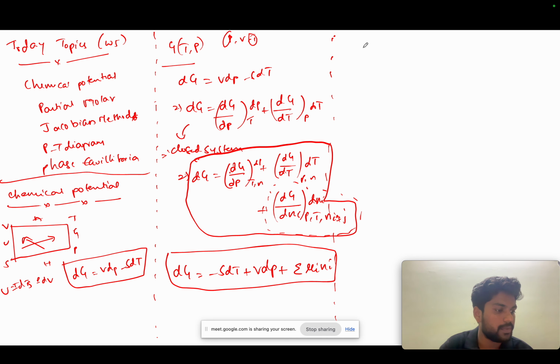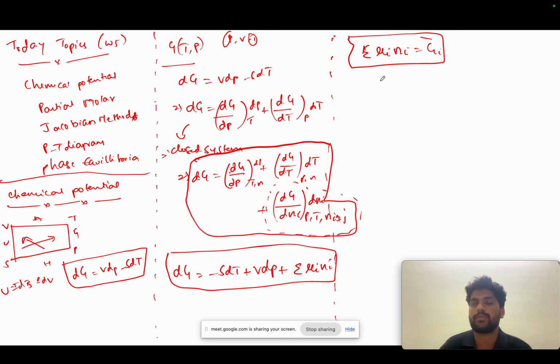What we understand from this equation is that for partial enthalpy, partial internal energy or partial entropy, they will have formulas like Si bar, Vi bar and so on.